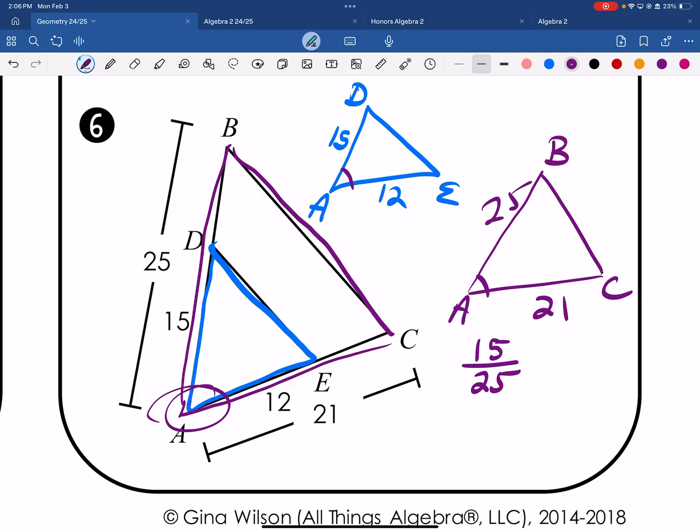Longest over longest, 3/5. That has to equal shortest over shortest, so 12 over 21. I think that's 4/7. They don't equal each other, so therefore these are not similar.